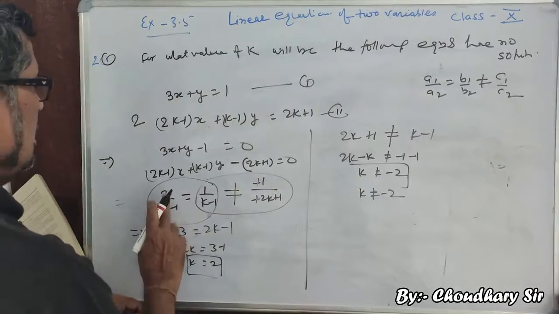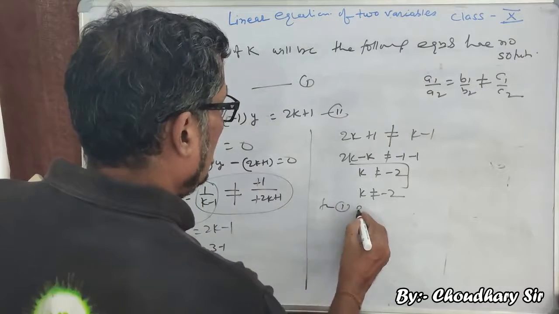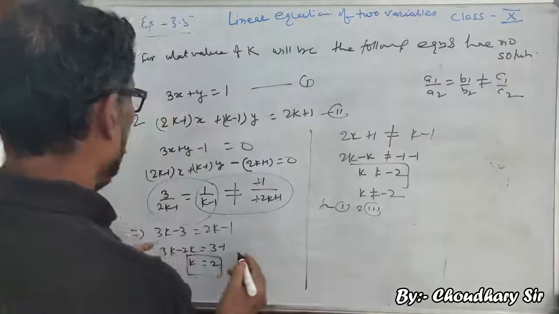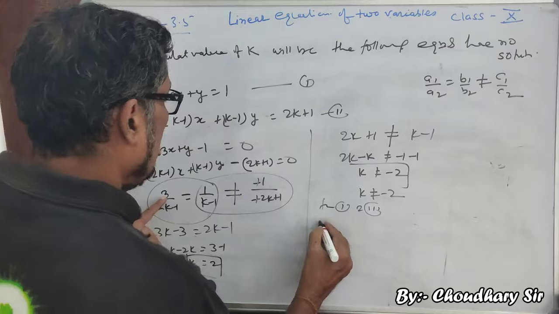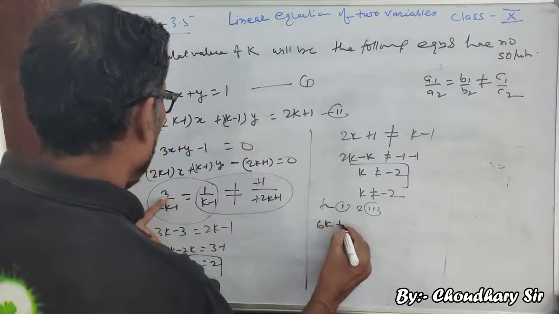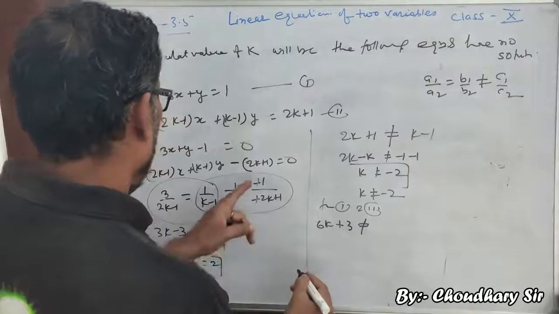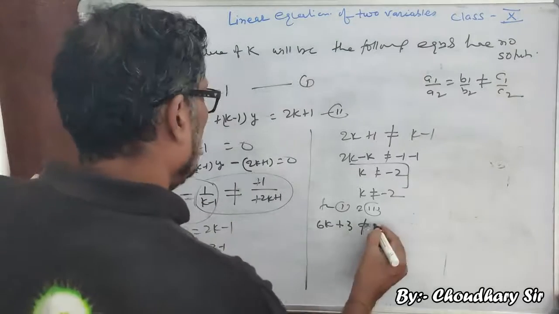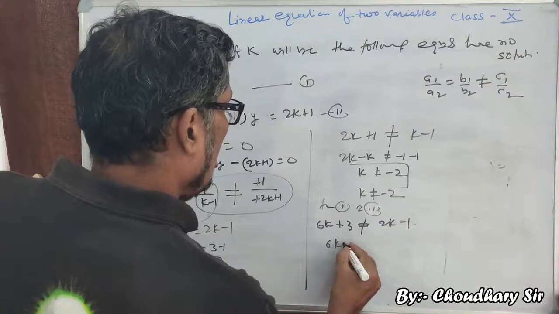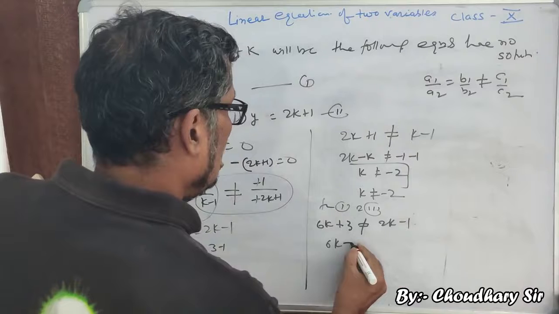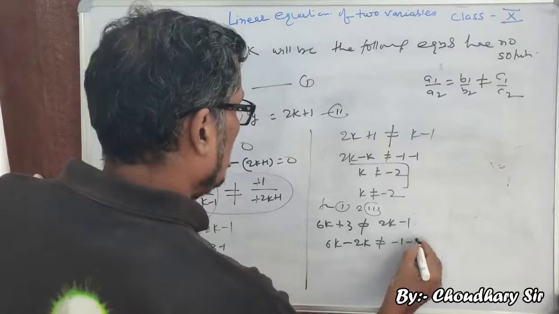And again, find from the first and third. What do we get here? 3 times (2k plus 1), that is 6k plus 3, not equal to 2k minus 1. Carry this side: 6k minus 2k not equal to minus 1 minus 3.